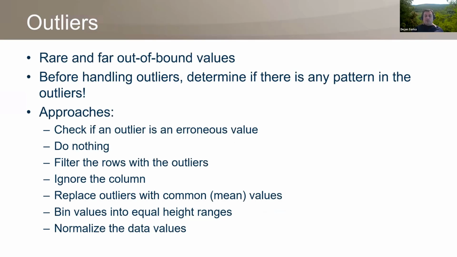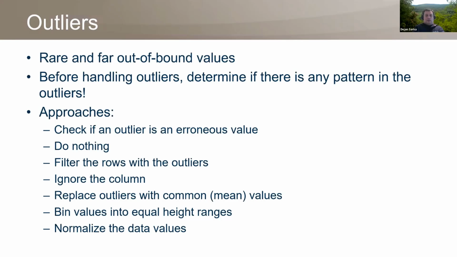But we already know that in real life, there might really be some outliers. So again, if there is a pattern, then you should be more careful and check what kind of pattern it is. And maybe if they are not important outliers, you can do nothing.